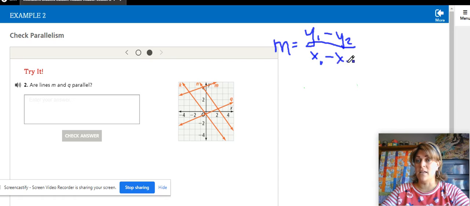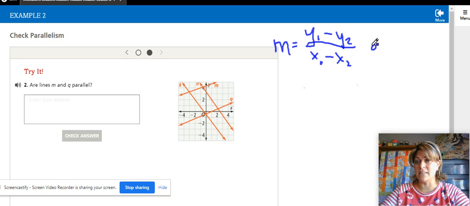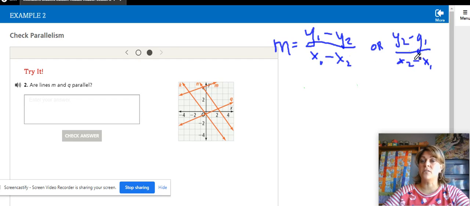Now, to be honest, a lot of teachers say y2 minus y1 over x2 minus x1. It doesn't really matter. So I'll write them both ways just in case. And again, I'm writing with a mouse, so I'm sorry, it's a little bit messy. Okay, so these are the slope equations.